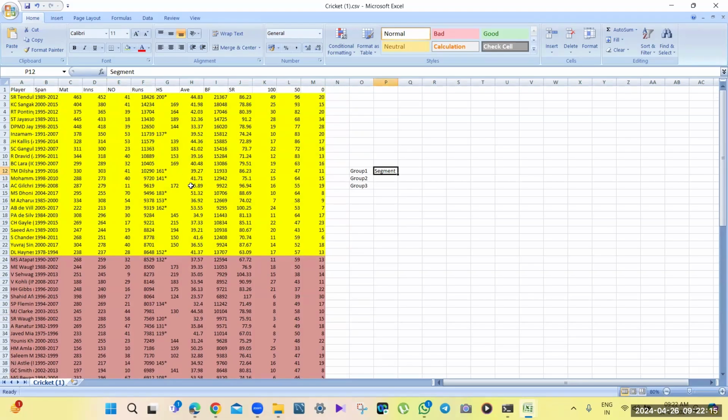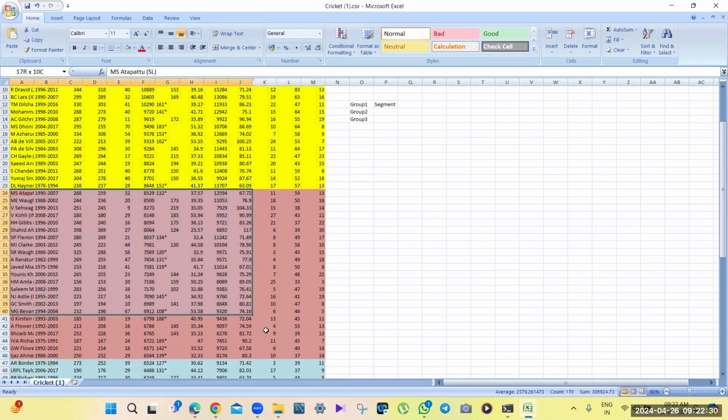Now come back to this Indian cricket data set. Let's say ICC has to group them. ICC will consider all of this data and say these are the best batsmen who have scored heavy runs. These are the mediocre ones who have scored decent runs and were decent match winners.